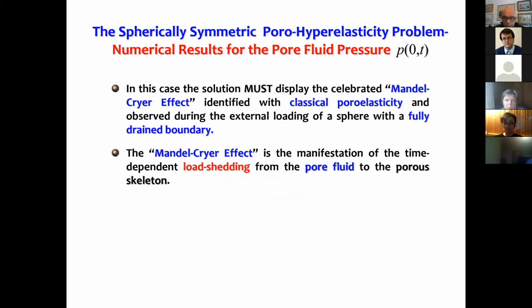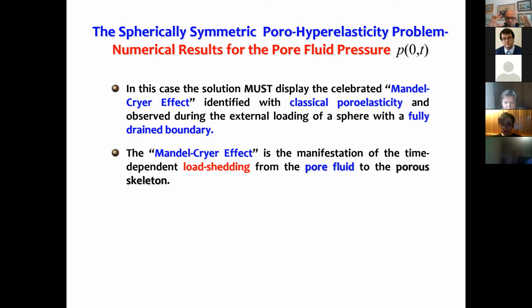The other interesting thing is really the pore fluid pressure at the center of the sphere. This is the so-called Mandel-Cryer effect. Physically, what happens is that the sphere compresses at the boundary, the fluid escapes, so the pore fluid pressure is zero, and all the stresses that I applied are transmitted to the skeleton.